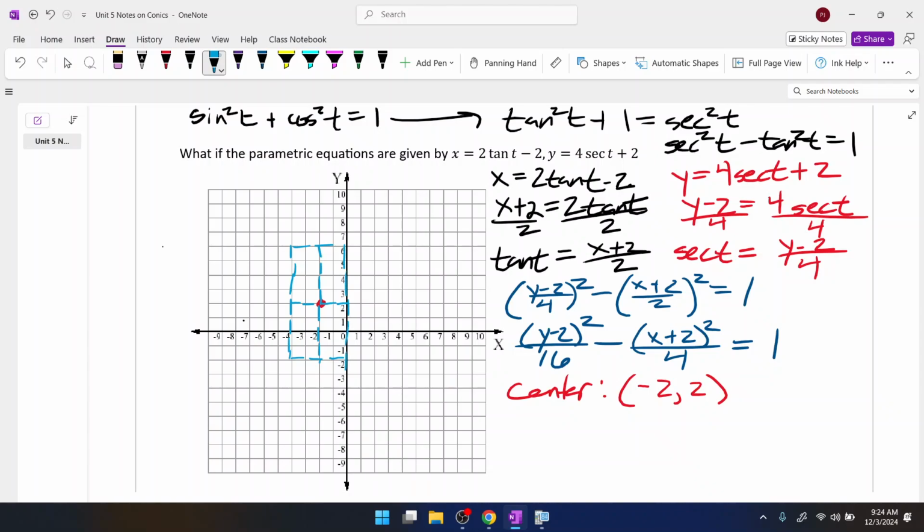And if you draw your curve, that is not the best looking thing. Close enough.